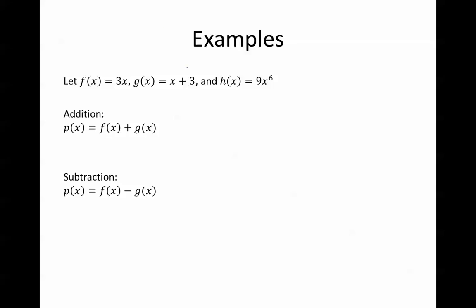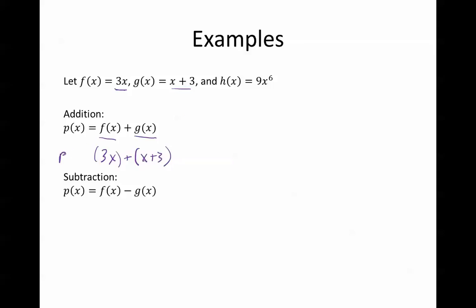Let's say we have these three functions: f of x, which is 3x, g of x, which is x plus 3, and h of x, which is 9x to the 6th power. We can add functions by taking f of x plus g of x. All that means is, since f of x is defined as 3x, we're going to replace the f of x with 3x. And since g of x is equal to x plus 3, we're going to replace the g of x with x plus 3.